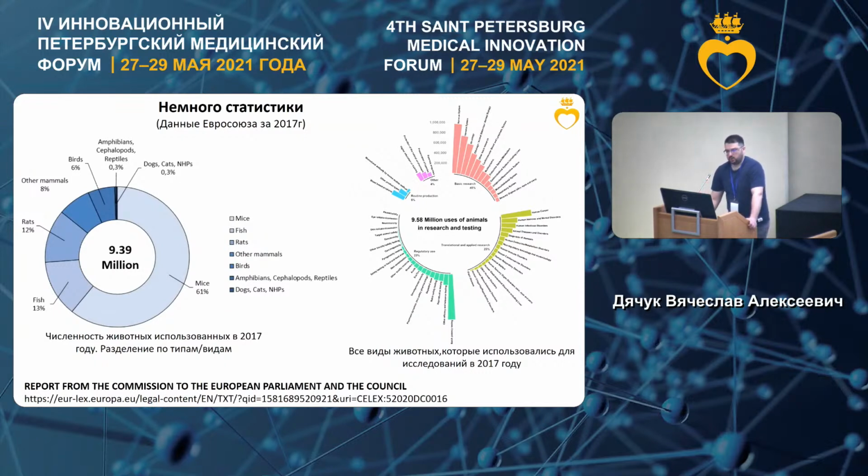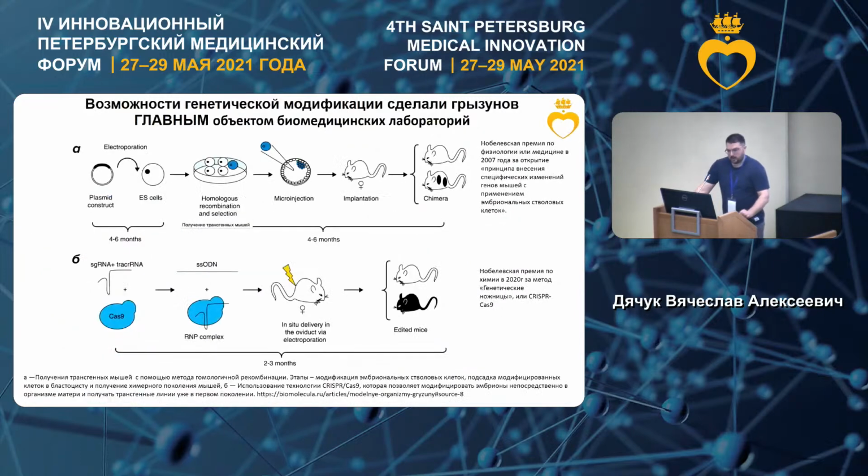And the rest were other animals shown in this slide. The second diagram shows all the animals used for research. Most of the studies were carried out as basic studies. A great number of animals were also used in applied research, and also for regulatory use.